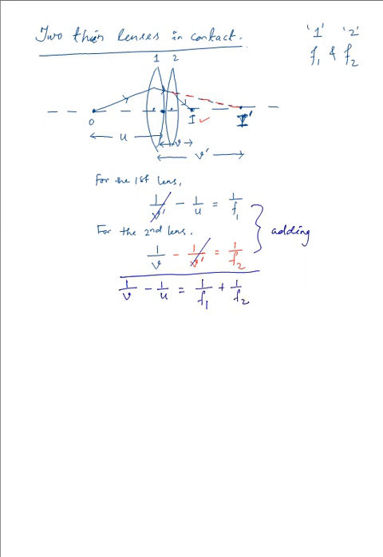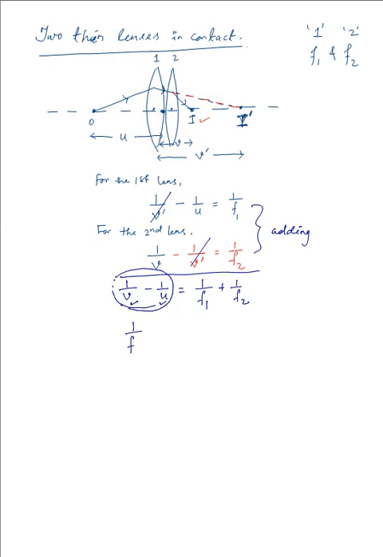Now if we would have had a single lens which would have given the image at a distance v for the object being placed at a distance u, then that would have had a focal length, let us say f.